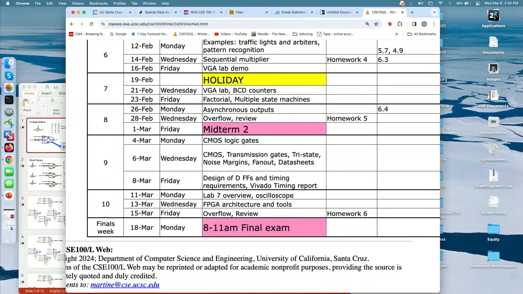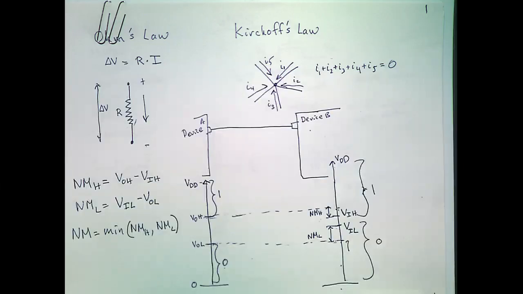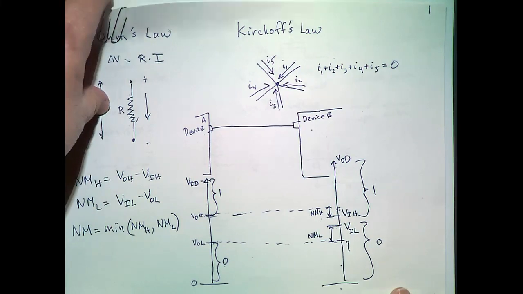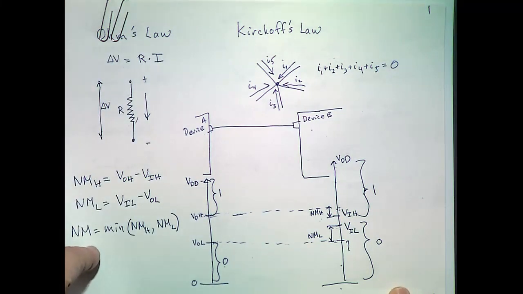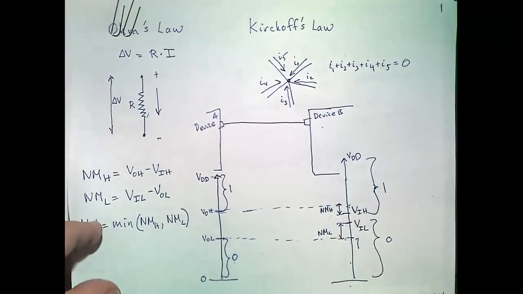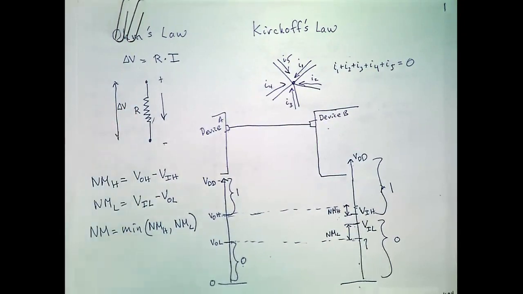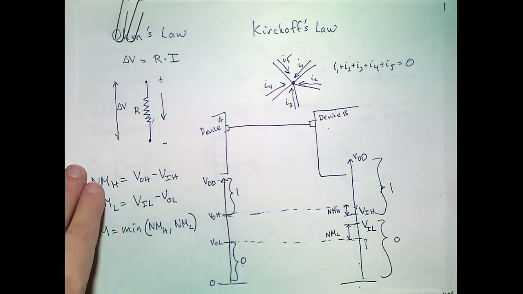Okay, all right, let's go back to CMOS. Last time, just a really quick recap, we talked about voltage and current. This is how most of our computing hardware is realized these days, with miniaturized electronics, and there are 2 laws that you need to know about.